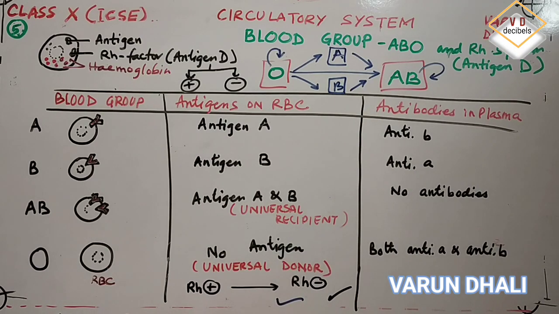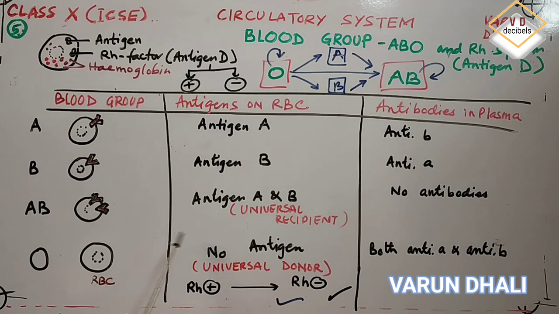And the second point, why they are called universal recipients, is that they have no antibodies in their plasma, so they can receive blood from all blood groups. Therefore, they are known as universal recipients.